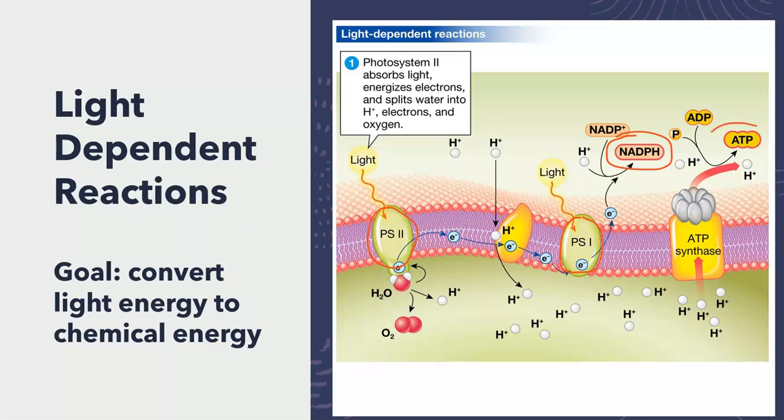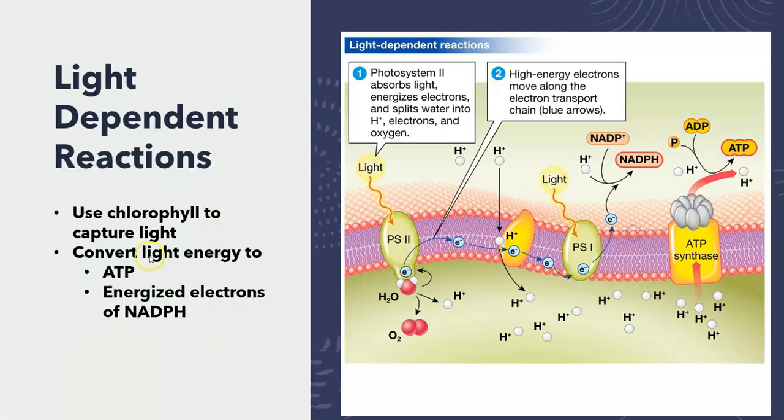We're also going to produce what's called ATP as part of this, all right? So we got ATP and NADPH as energized electrons. So these are the forms of chemical energy that I was talking about.